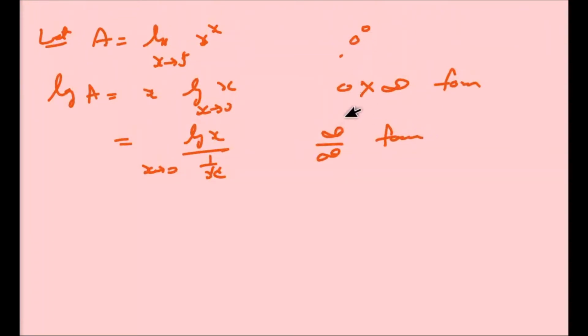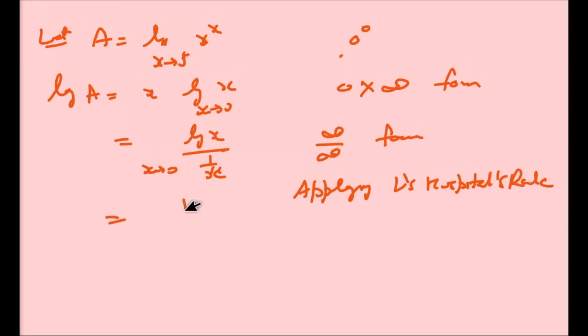So using L'Hospital's rule, we can take 1 upon x upon minus 1 upon x square, x tends towards 0, and we can change it into the form of minus x, x tends towards 0.